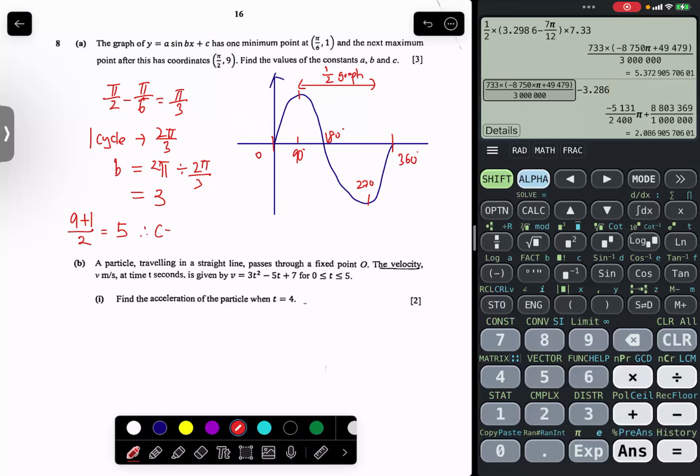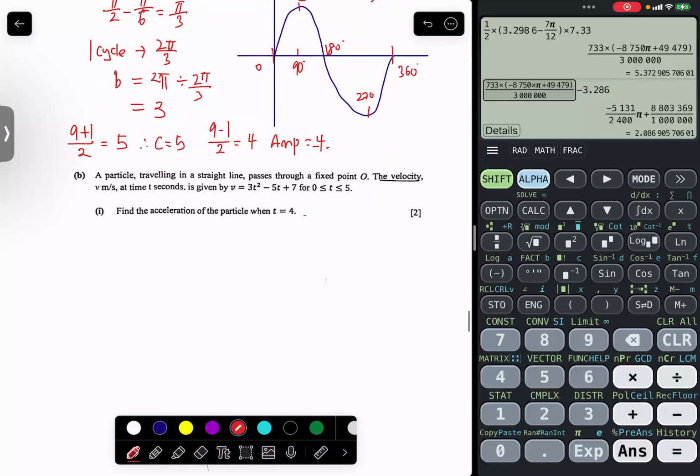Therefore, c equals 5. 9 minus 1 divided by 2 equals 4, so the amplitude is 4. And since it reaches minimum, then maximum, so it must be negative.